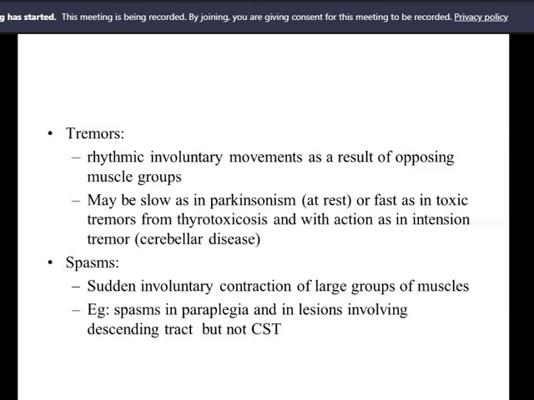And if it is Parkinsonism, then the tremor will be there, that is resting tremor, right? The person is trembling, the hands are tremored, but the person can grasp things. Spasms: sudden involuntary contraction of large groups of muscles, for example spasm in paraplegia and lesions involving descending tracts, but not the corticospinal tract.